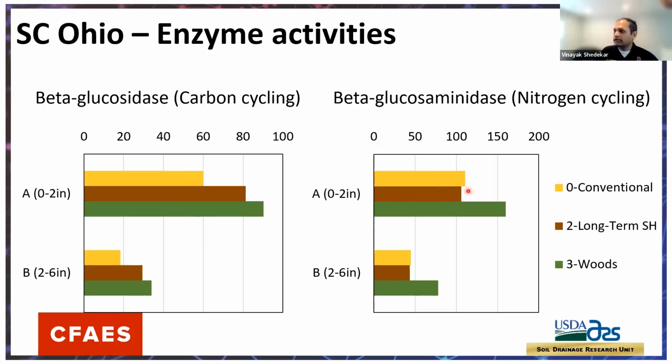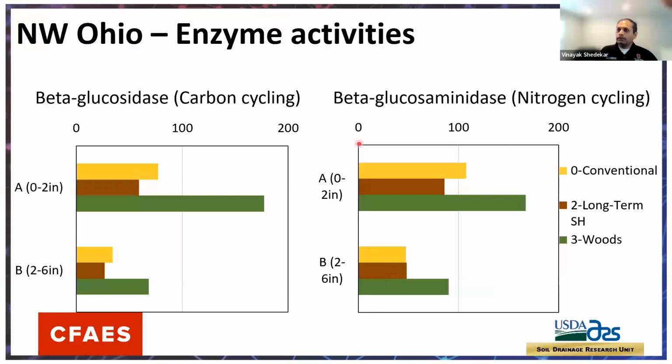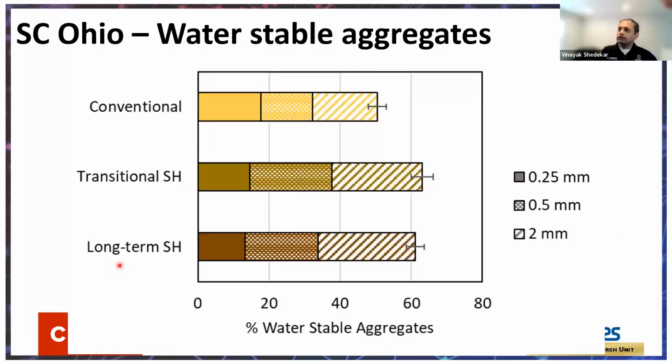For nitrogen cycling, you actually see a slightly reverse trend. Similar graph for the Northwest Ohio site. Will, anything to add here? No, just that this is reflecting the patterns we see with the organic matter for the most part. So it's very much driven by the organic matter.